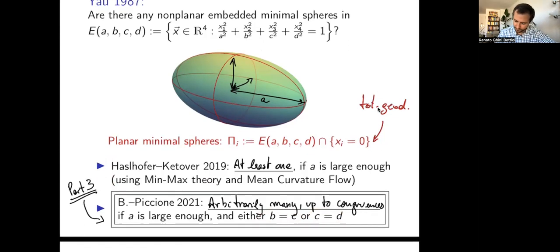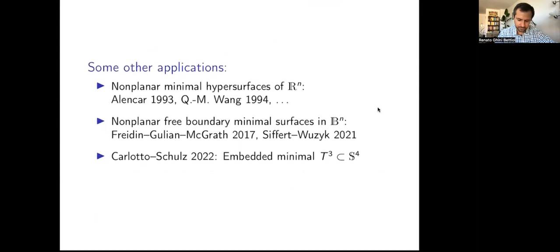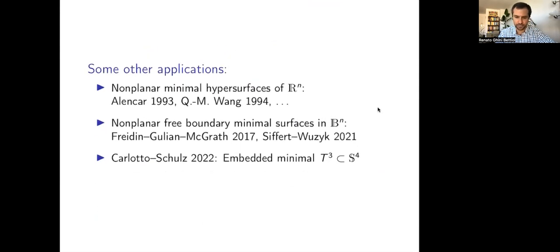Okay, before I finish this first part, I'll just mention some other applications of this symmetry reduction principle. They appear since the 80s. There's been a lot of use of these ideas, for example, in work of Alencar and Wang to find non-planar minimal hypersurfaces in Rn. So again, it's somewhat related to the Bernstein problem, but these are not graphs, right?